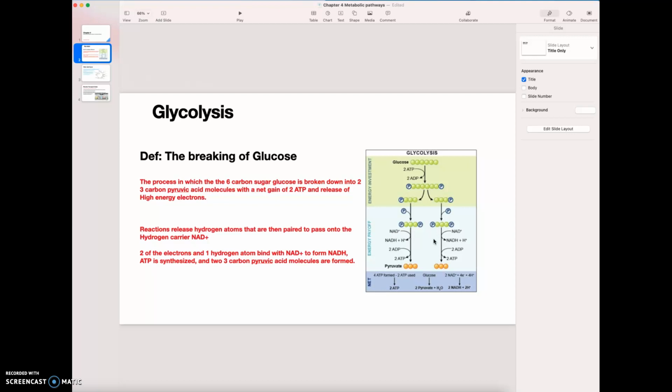NAD gains hydrogen atoms, which creates NADH, and then the 2 ADP on each pair creates 2 ATP.